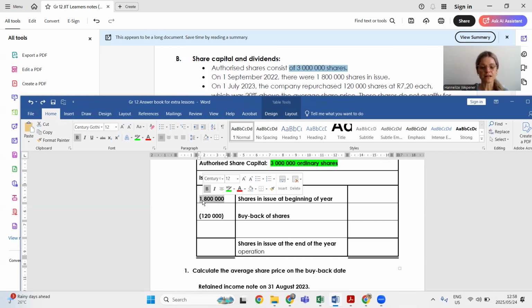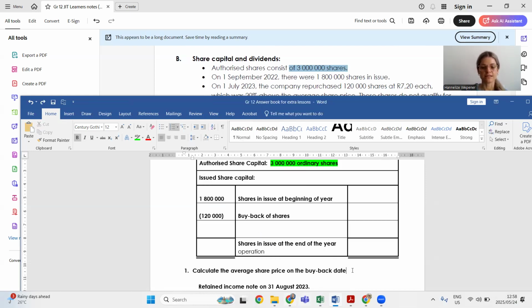Okay, so first step, calculate the average share price. Then number two, we want to know how much did we pay above the average share price. The reason for that is we want to know how much did we have to take out of our retained earnings to be able to do this buyback of shares, because we now know the average share price is taken from ordinary share capital.